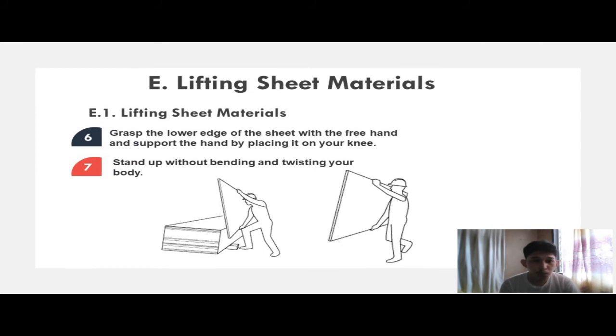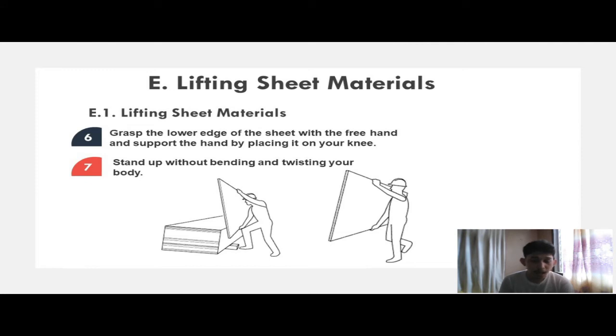After you are able to remove a sheet material from the pile of other materials, the next thing that you need to do is to grasp the lower edge of the sheet with the free hand and support the hand by placing it on your knee.